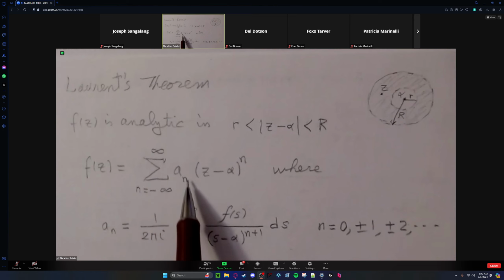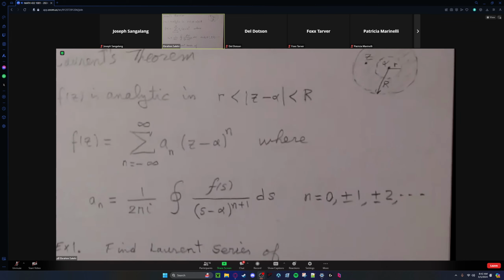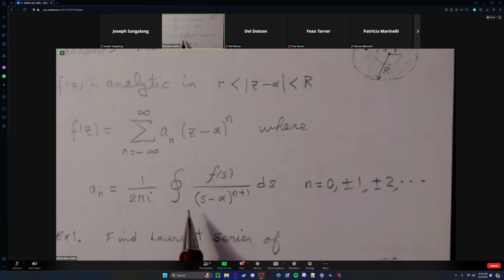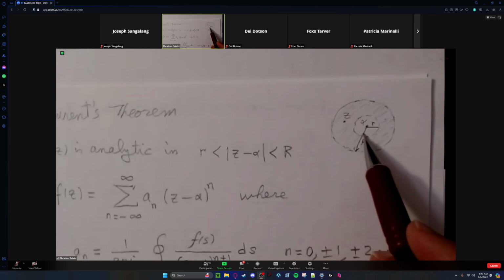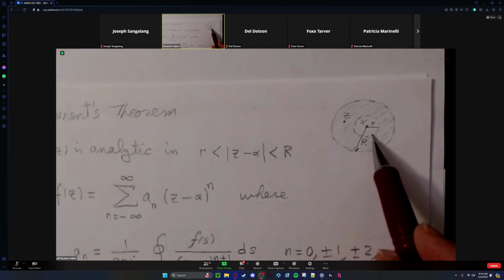How about these ANs? Well, the same formula for AN is going to work: 1 over 2 pi i, integrating over any closed curve that contains alpha. Usually we choose just this one circle, just this circle of radius r.